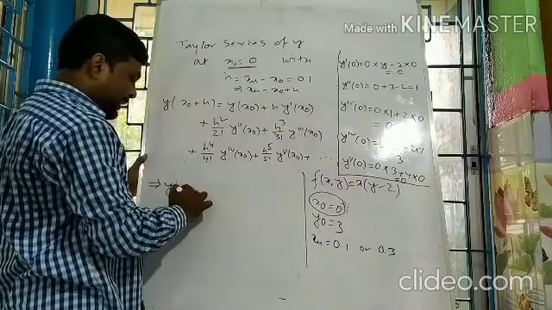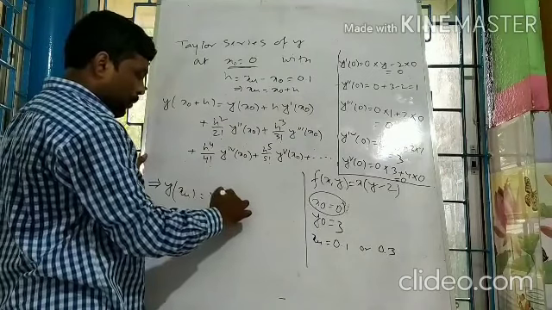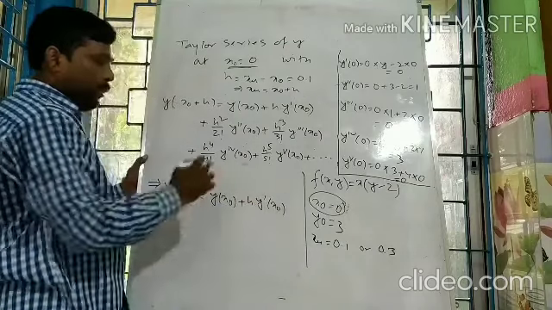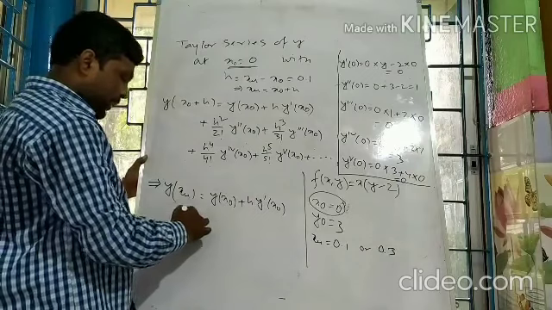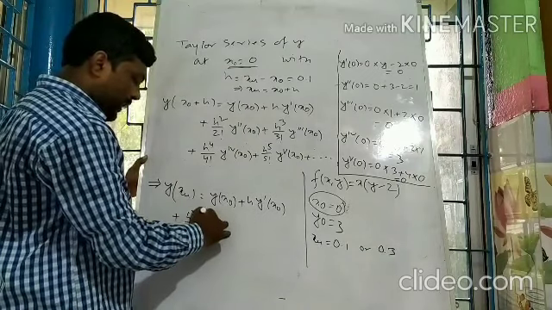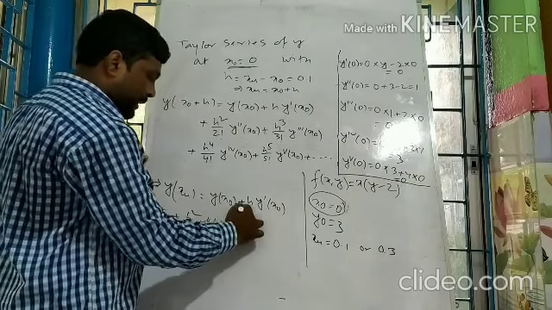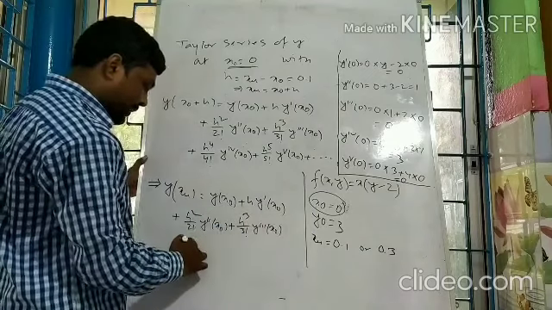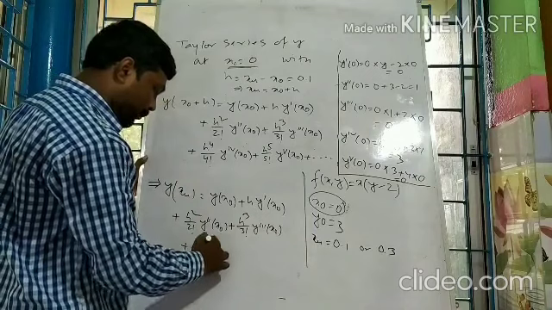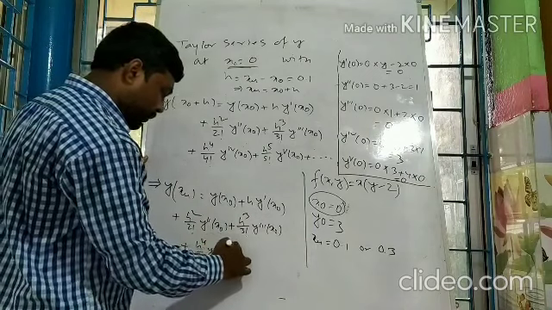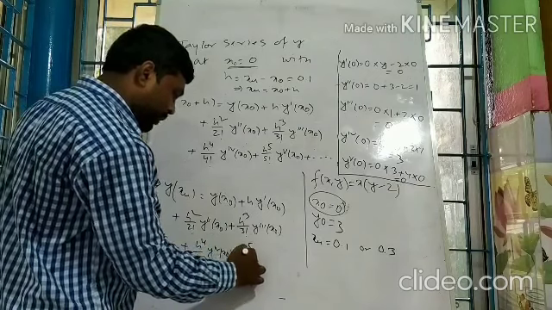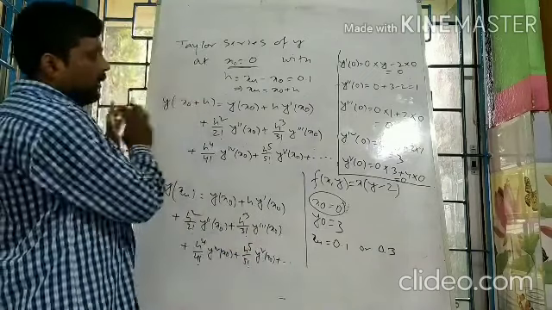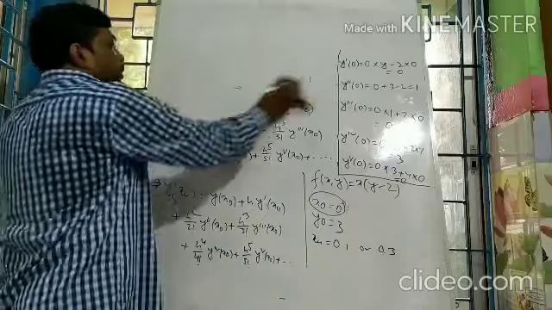So y(xn) is y(x0) + h y'(x0) + h²/2! y''(x0) + h³/3! y'''(x0) + h⁴/4! y⁗(x0) + h⁵/5! y⁽⁵⁾(x0) + ... This is the Taylor series expansion around the point x0. Okay.